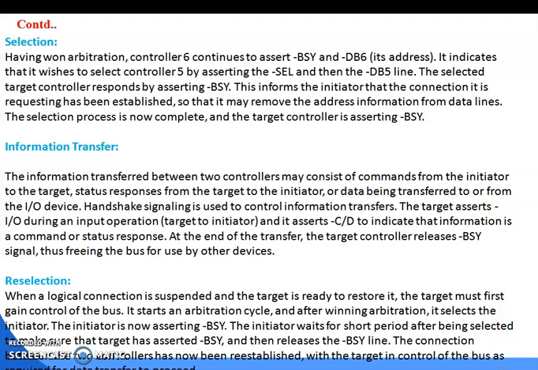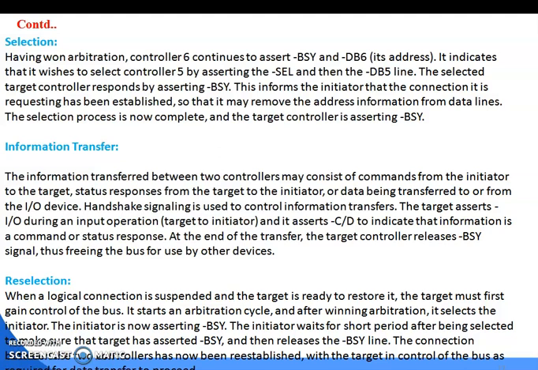Next is reselection. When a logical connection is suspended and the target is ready to restore it, the target must first gain control of the bus. It starts an arbitration cycle, and after winning the arbitration, it selects the initiator. The initiator is now asserting the busy signal.